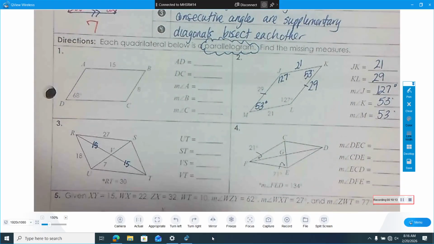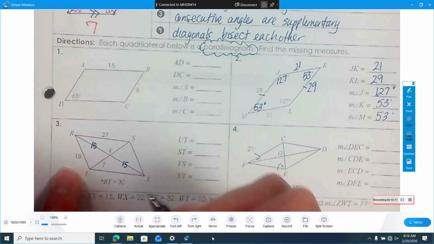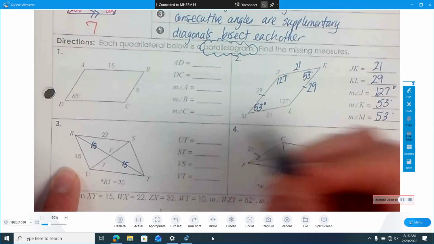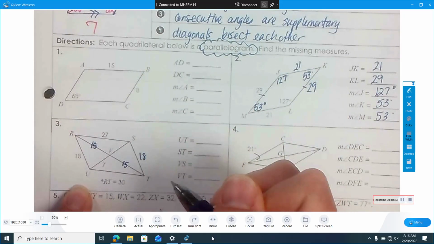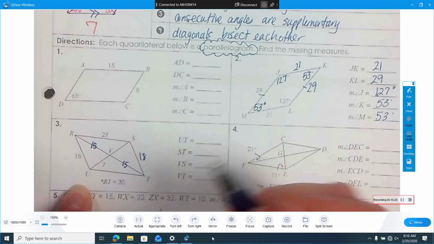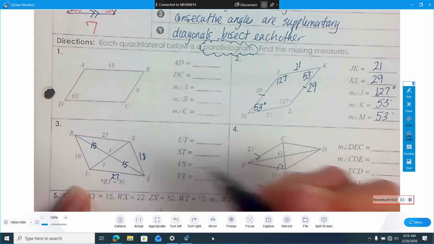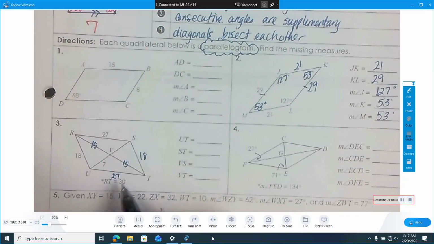All right, so let's see. With that information, I also know what's ST? 18, and RS is 27, so UT is 27. All right, 18 on the right, 27 on the bottom.